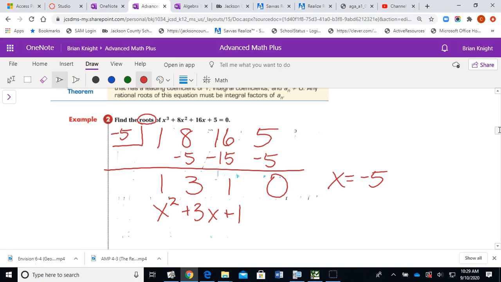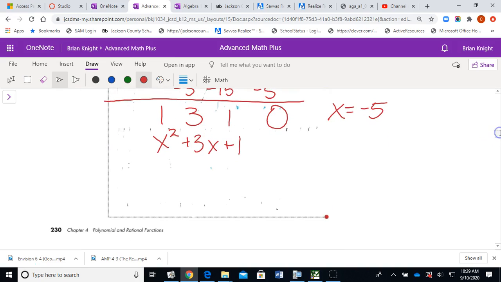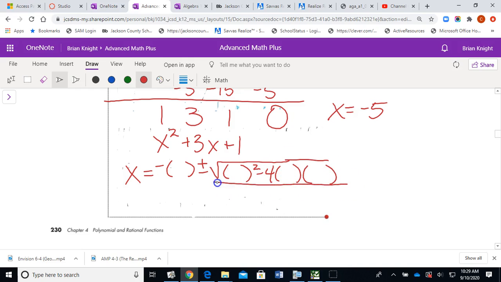Roots. So you're just finding the roots no matter what. So x equals -5 is 1, and then you can do one of 2 things: complete the square or quadratic formula. I agree. Let's do quadratic formula. I wanted to see you complete the square, but we'll do another complete the square later.